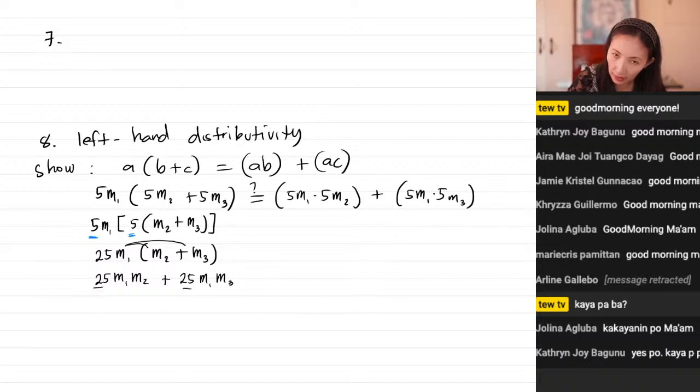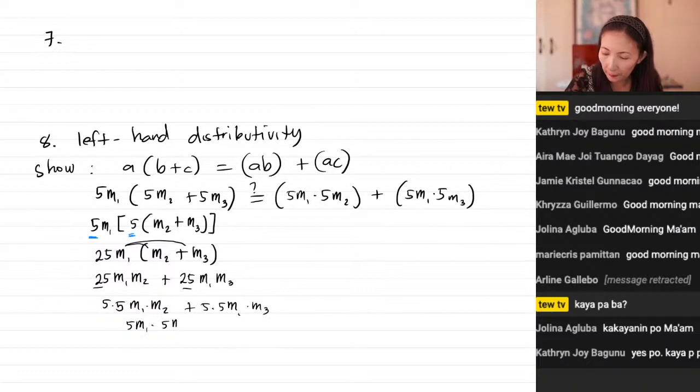And by applying the commutative property, that's 5 times 5 m1 times m2 plus 5 times 5 m1 times m3. Then 5m1 times 5m2 plus 5m1 times 5m3. And this is by factoring.